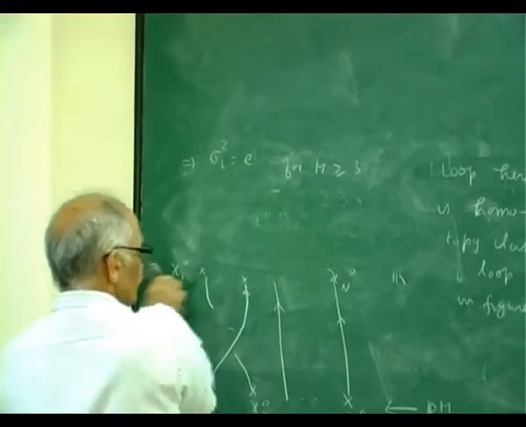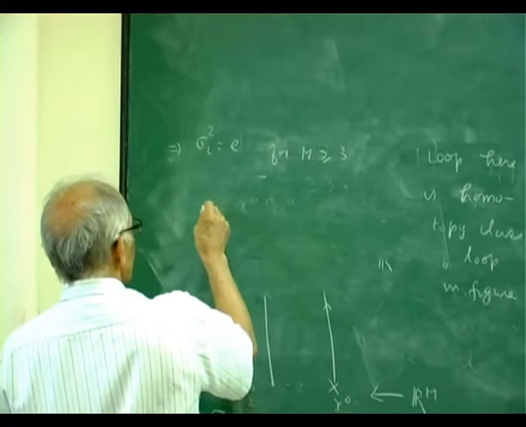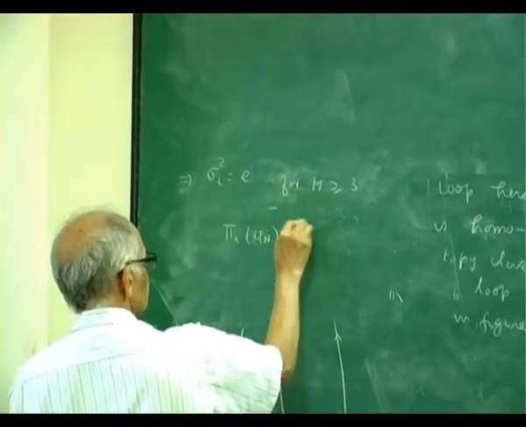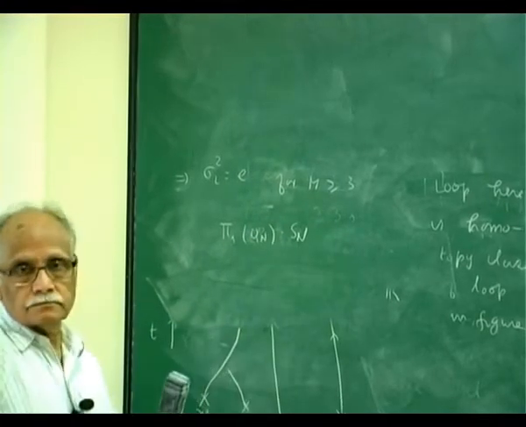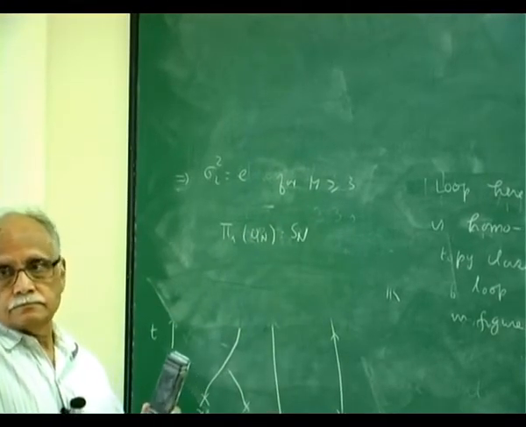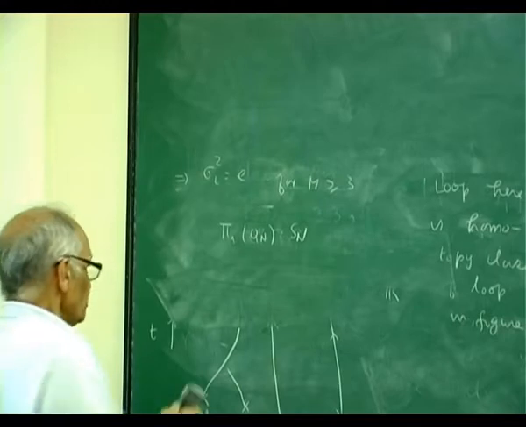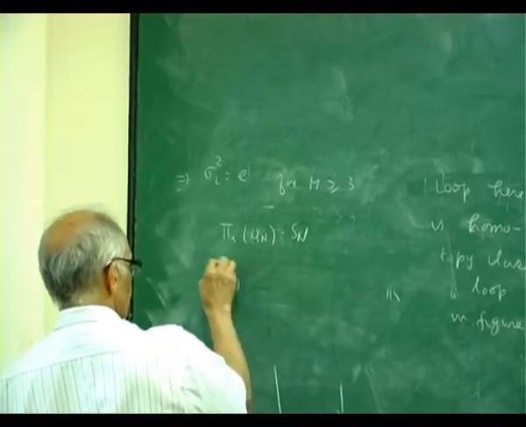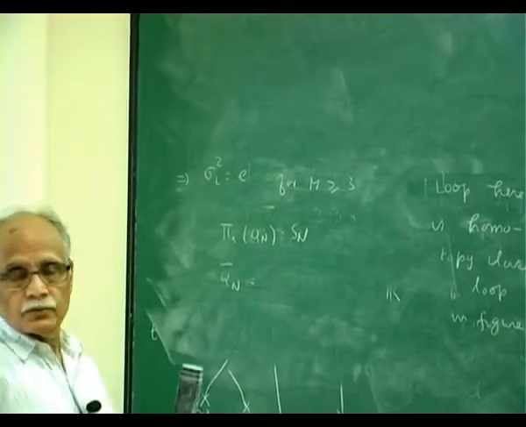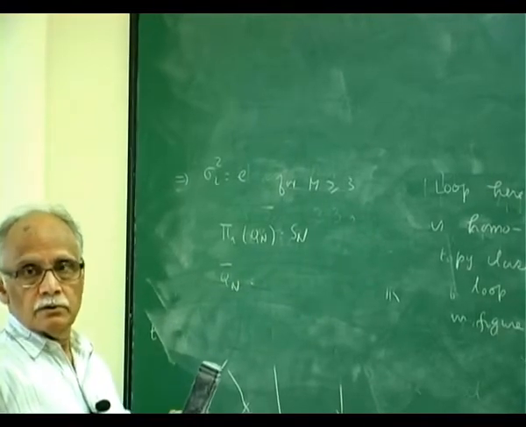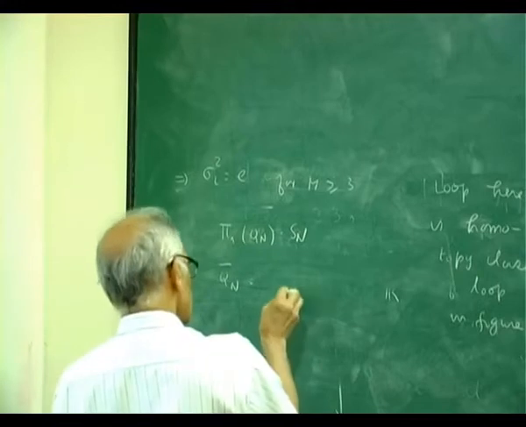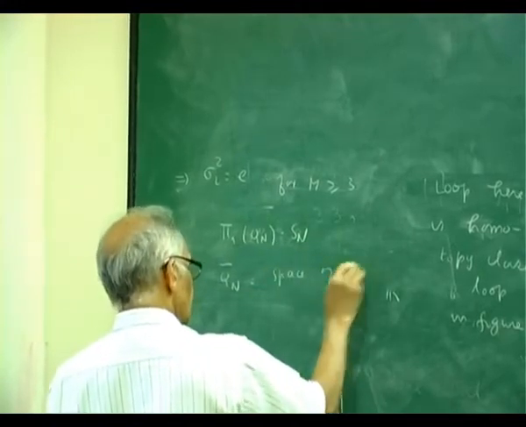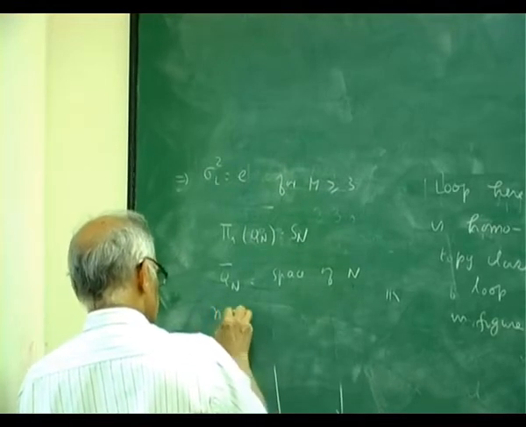So therefore, the pi_1 of Q_n is S_n. The universal covering group, if you like, Q bar n: what is Q bar n? The covering space is simply the space of n non-identical particles.